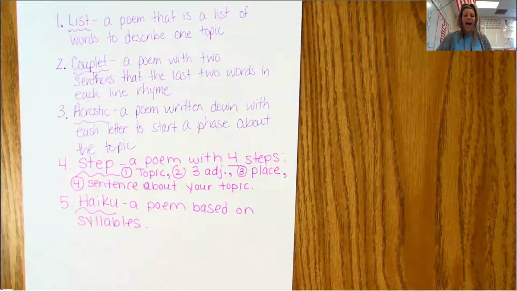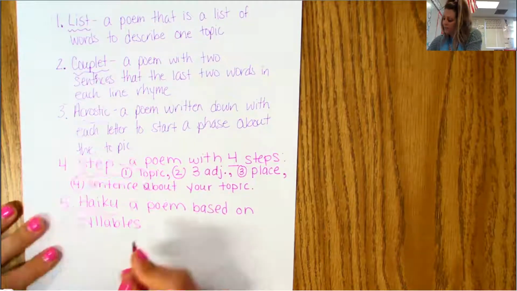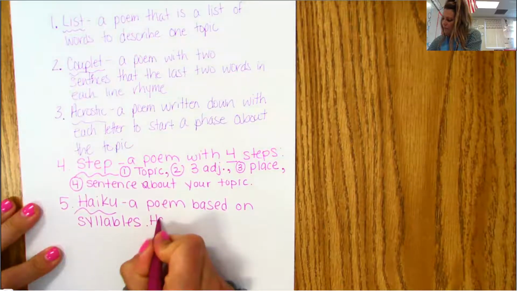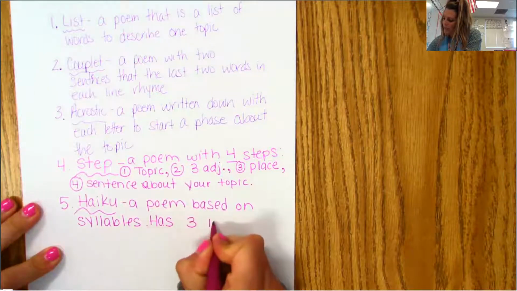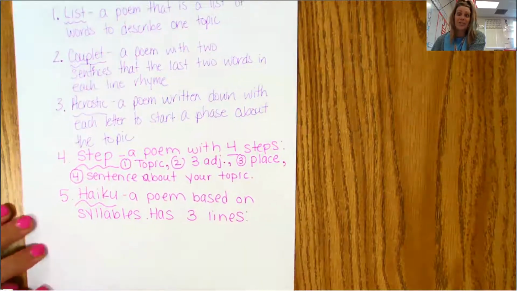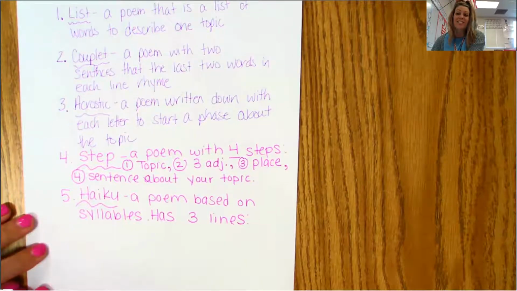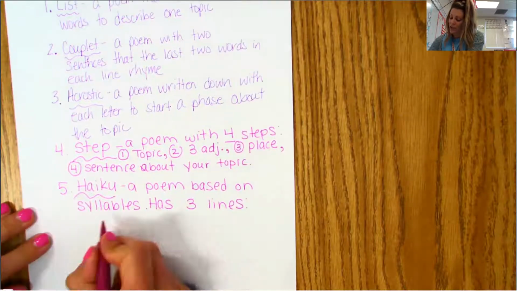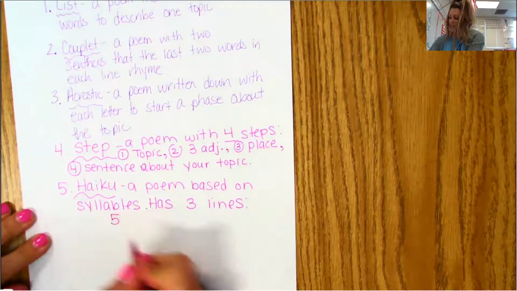All right. So it's based on syllables, and it's going to have 3 lines. Each line has a certain amount of syllables you have to use. Okay. So it starts with 5 syllables.